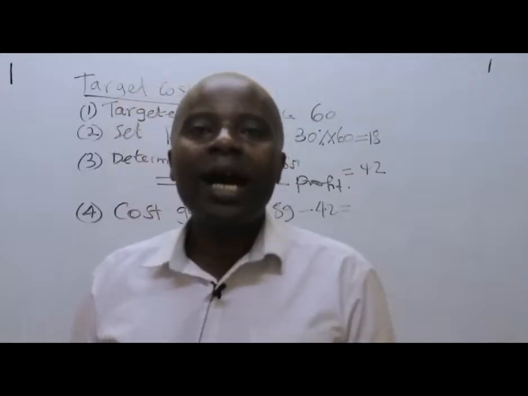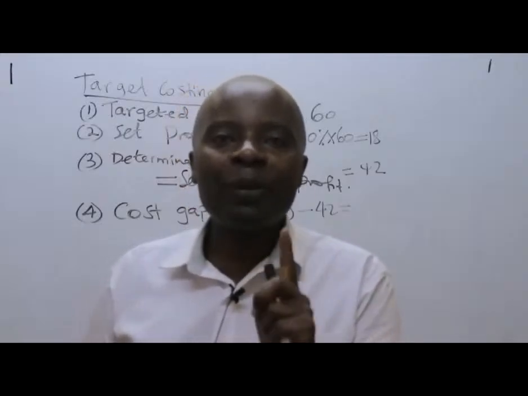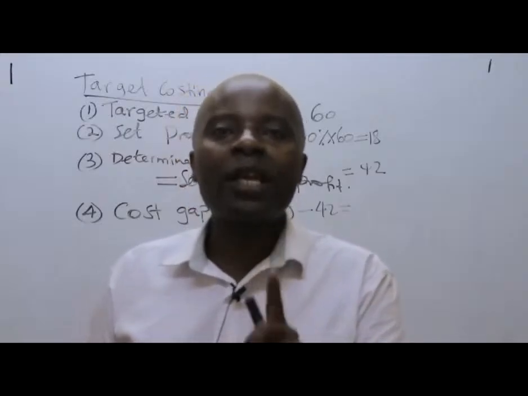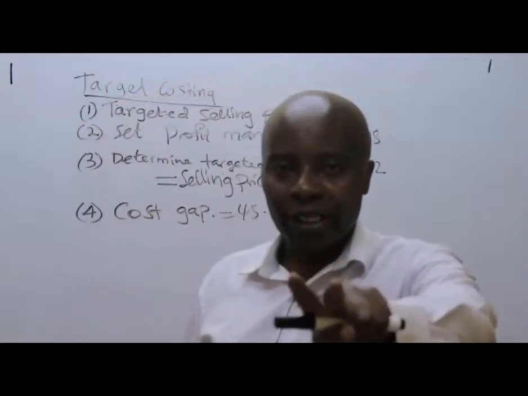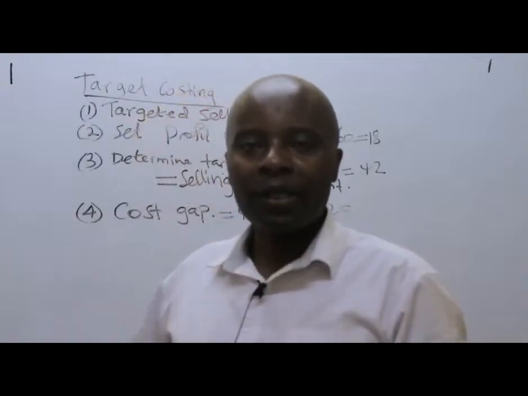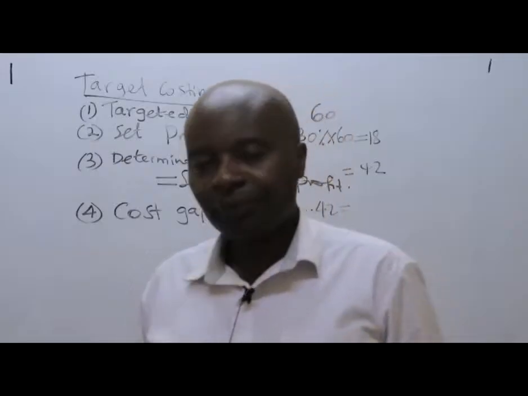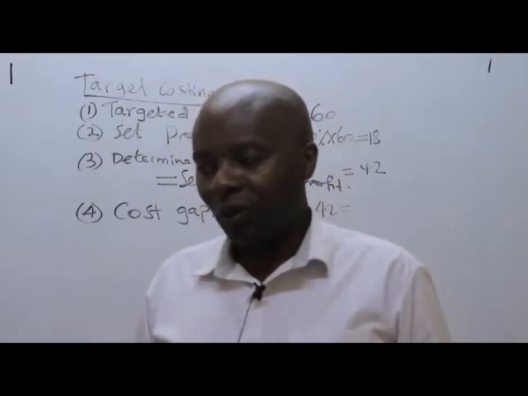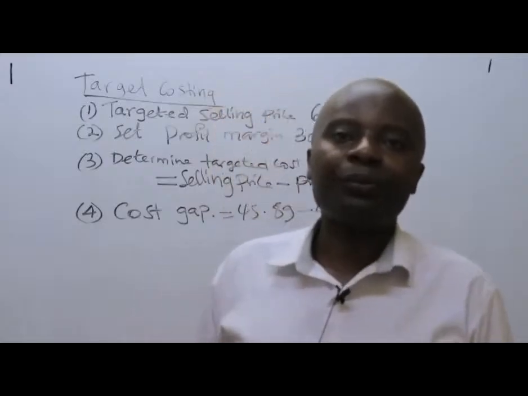At times you will get an examiner asking you for 2 marks to give methods of reducing the cost gap. Can somebody give me 2 ways that you can work with to reduce the cost gap, to make this cost gap 0 or negative? When it's negative, it means you're saving.